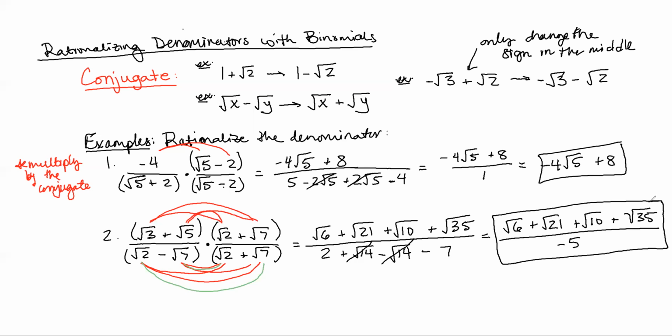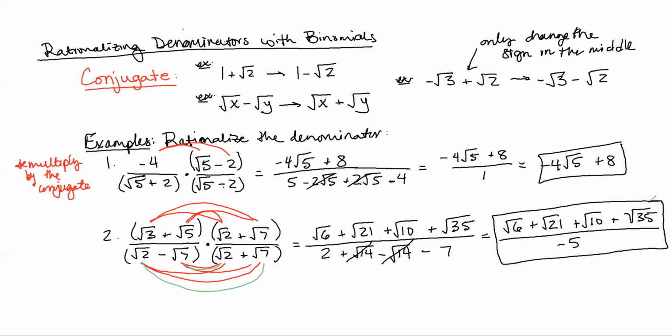All right, let's try one more of these before we take a look at simplifying expressions. So number 3, I believe, yeah. All right, number 3, we're given 2 over the square root of k plus 3 square root of z.